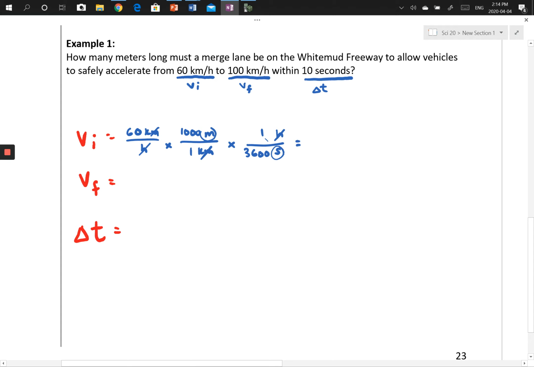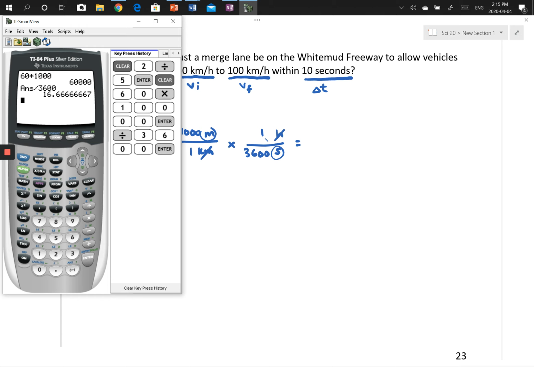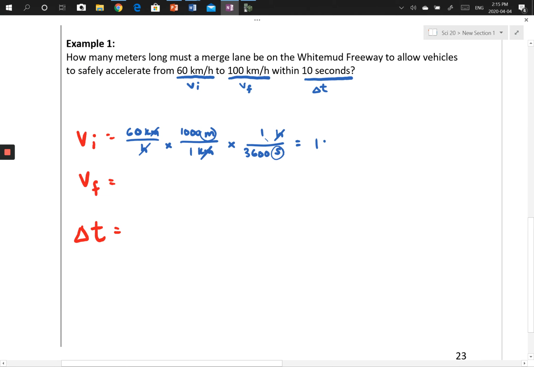So we take 60 times 1,000, divided by 3,600. 60 times 1,000 is 60,000. I'm going to divide that by 3,600 and I get 16.67. I don't want to round this value too much because I only want to round at the very end, so if possible, use that value in your calculator. This is meters per second.